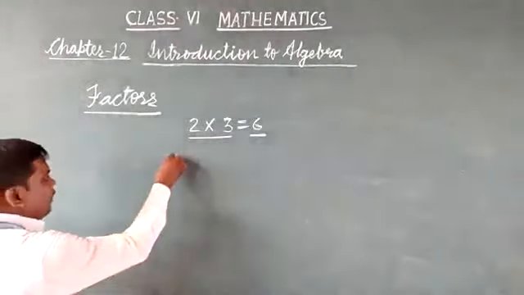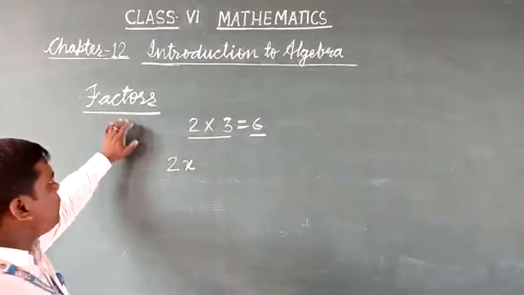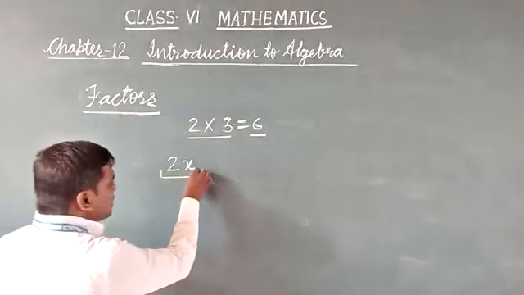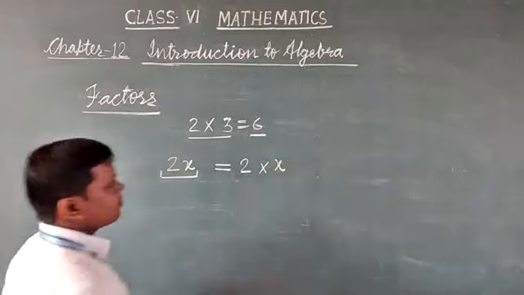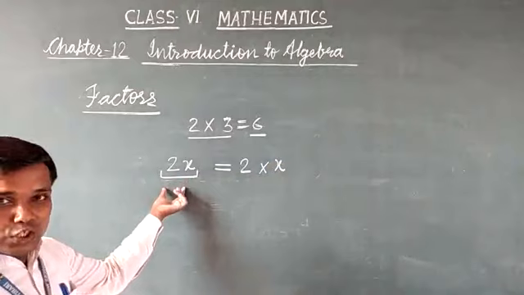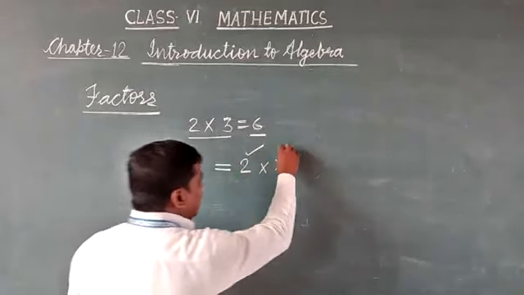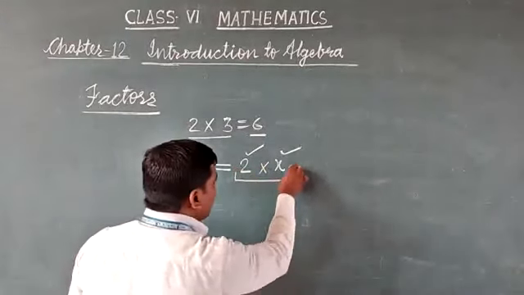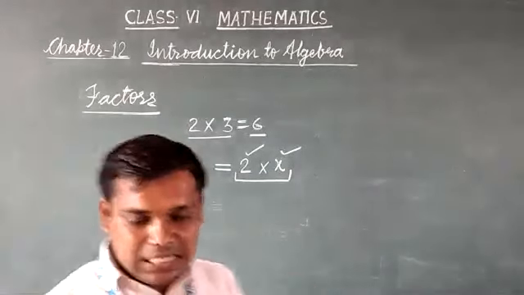Here, in case of algebra, if we have 2x, this can be written as 2 multiplied by x. 2 multiplied by x, we get 2x. So 2 is a factor of 2x and x is also a factor of 2x. These two are factors of 2x. Is it clear?